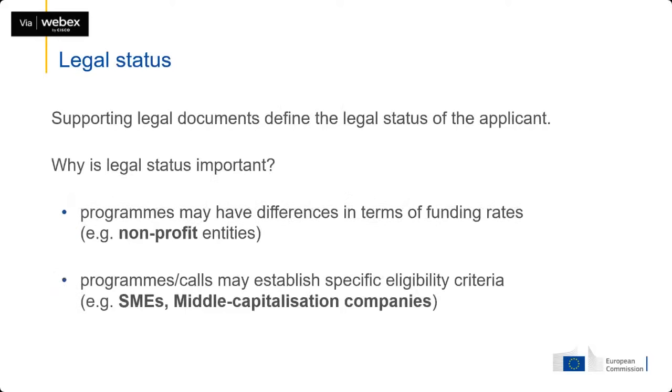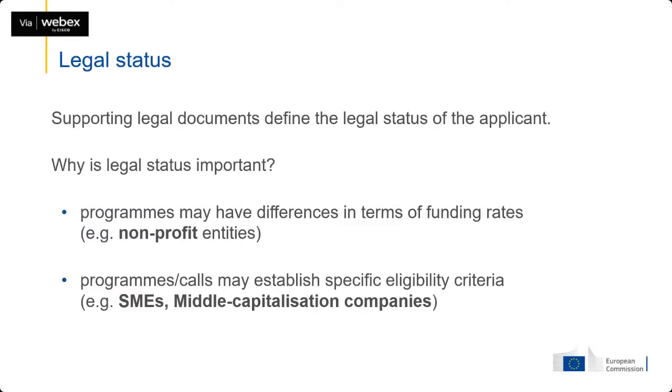Now, we mentioned earlier the legal status. This is important because in some programs there might be, for example, differences in the funding rates, often for non-profit entities. So the legal status of a non-profit entity needs to be proven.